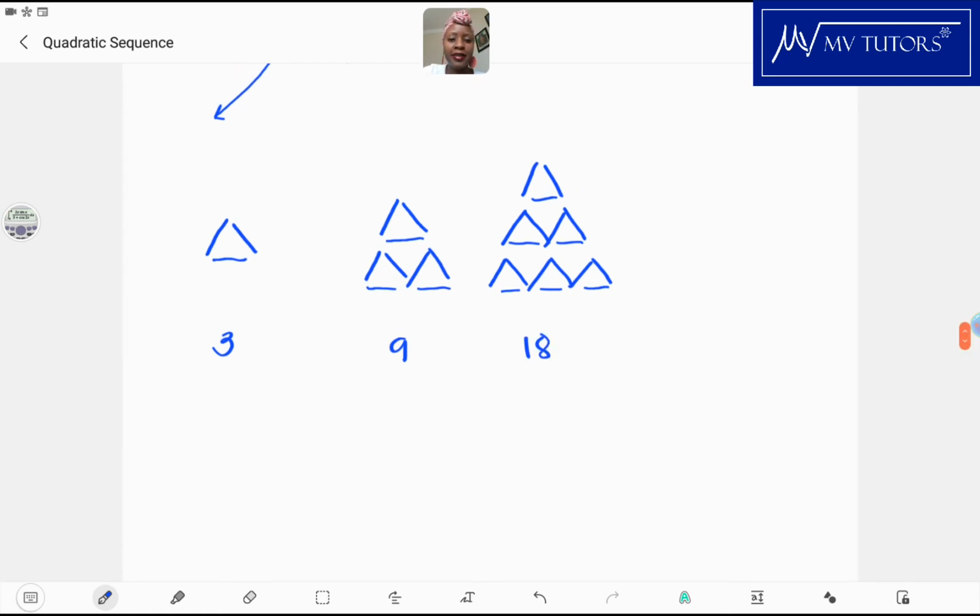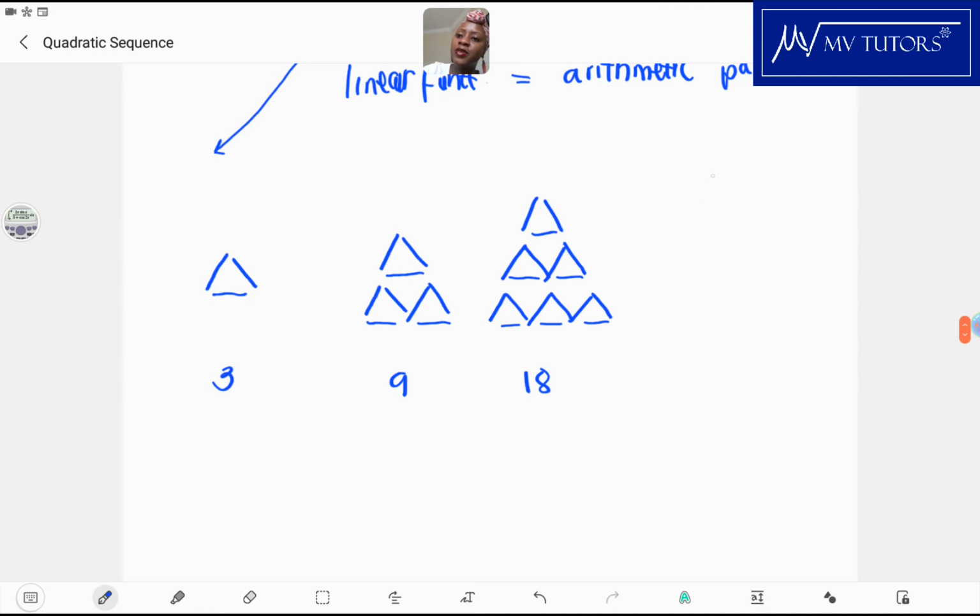And for a quadratic pattern, like I said, you want 4 terms that you're looking at. If you just have 3, you won't really see that as a quadratic pattern. Let me rather do it like this, maybe that would be better. Have the first row, second row, third row.